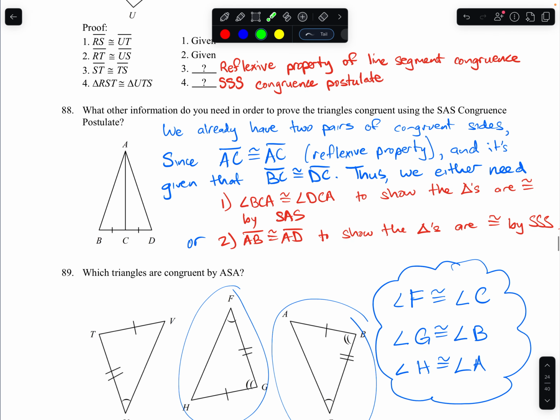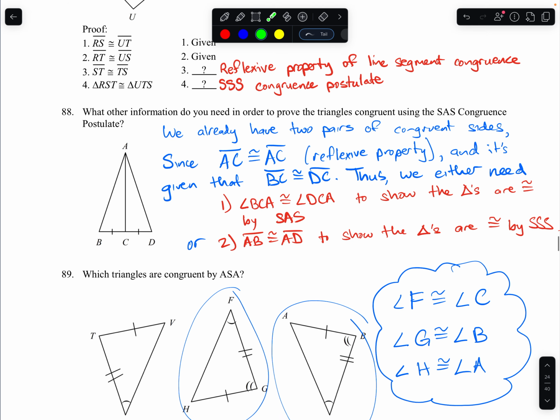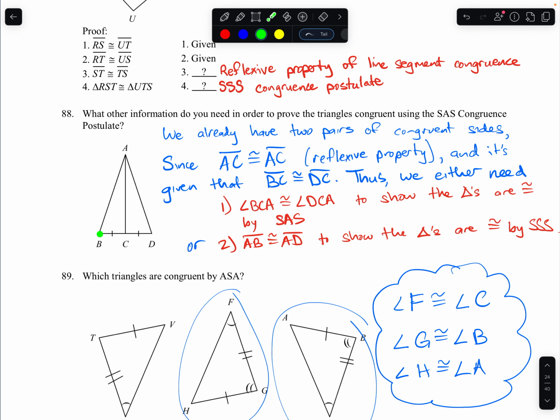88. What other transformation do you need in order to prove the triangles congruent using side angle side? So we already know that BC is congruent to CD. But then we have another reflexive property that we used in the last problem.